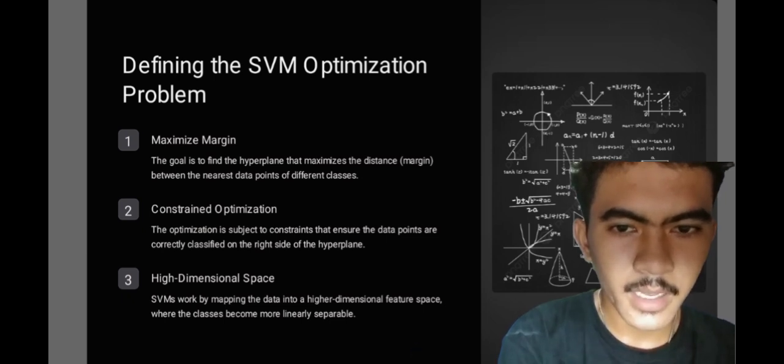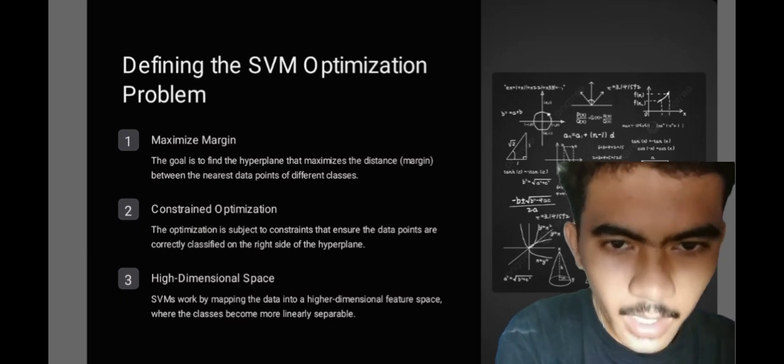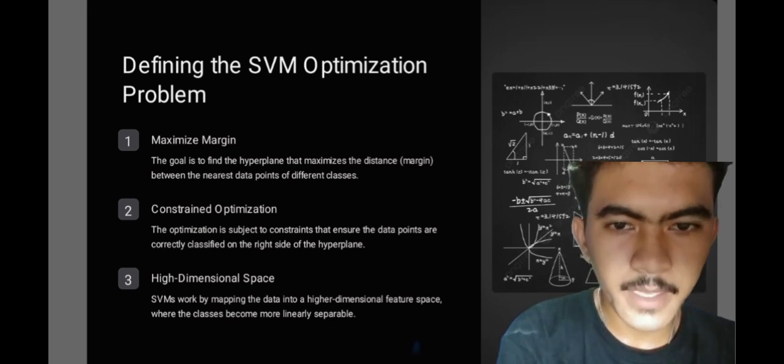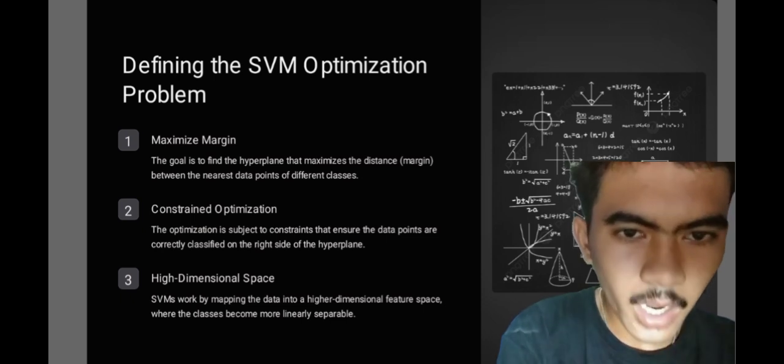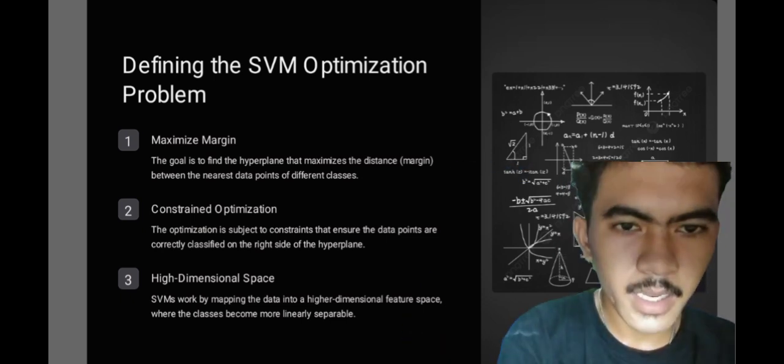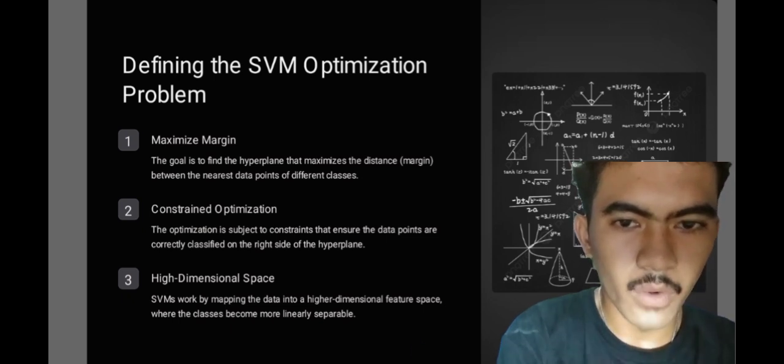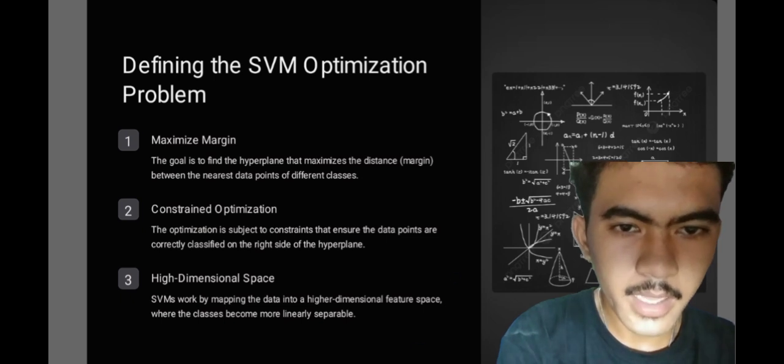Number 3, high dimensional space. SVM can map the data into a higher dimensional vector space where the classes become more linearly separable.